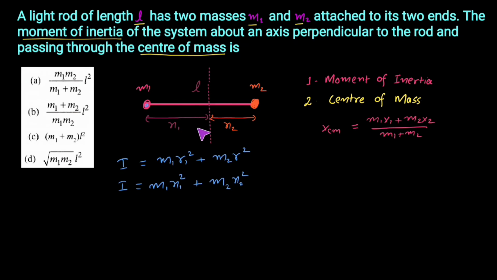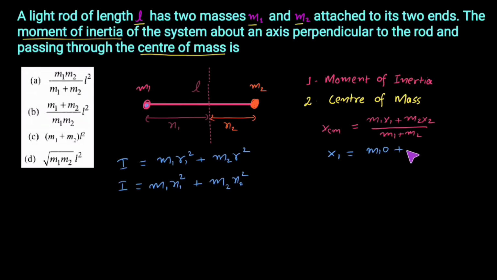So x1 would be equal to m1 into x1, where x1 here is the distance of mass m1 from the reference point. Always remember that. The distance of m1 from the reference point is 0 because we have assumed m1 to be our reference point.